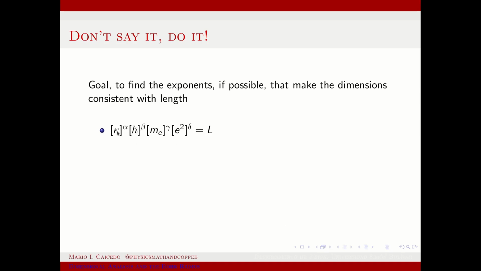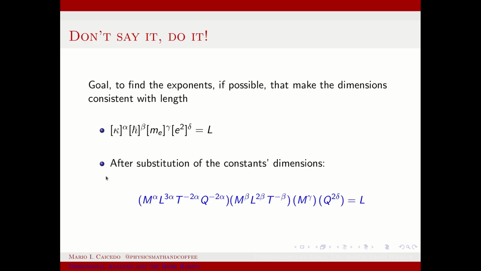So we need the units of 1/4 pi epsilon naught, etc., etc. So this is all the units when we make the substitutions. So now we are going to do some 7th grade algebra. We're going to put together all the bases with their exponents and put them equal to length.